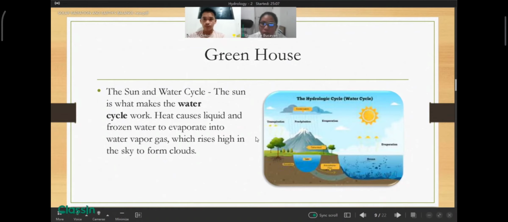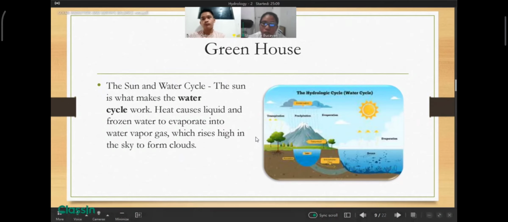So next we have the sun and the water cycle. The sun is what makes the cycle work. Heat causes liquid and frozen water to evaporate into vapor gas, which rises high in the sky to form clouds. Earth contains about 1.4 billion cubic kilometers of water.